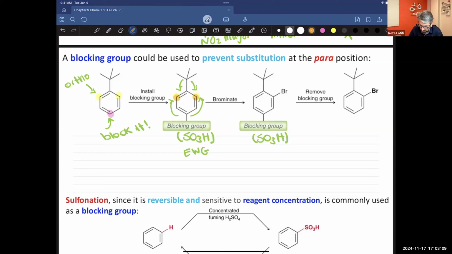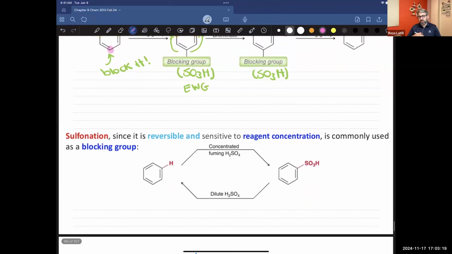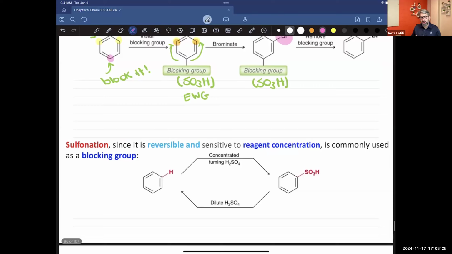In that case, we will have bromide in this position, in the ortho position. Now, time to get rid of the SO3H. SO3H can be easily removed by using a diluted solution. Okay, what's the reason behind it? The reason is that you technically get a reversible reaction.